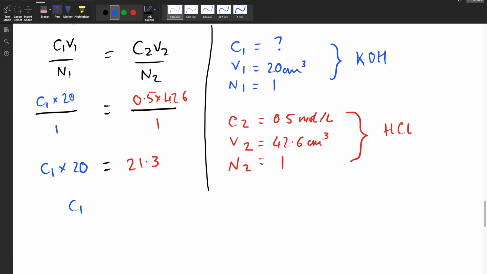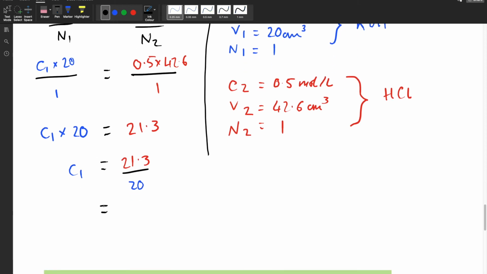So C1 will actually equal our 21.3 divided by 20, which should equal, hopefully, 1.65 moles per litre. And that will be your final answer.